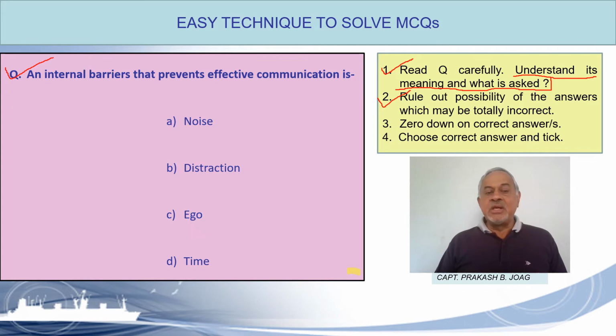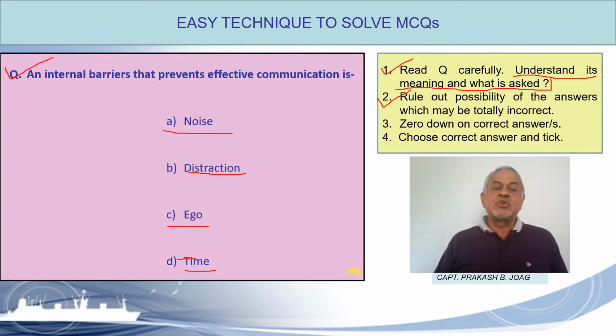Now we will have to see what 4 options are given here. So number 1 option given is noise. Second option given here is distraction. Third option given here is ego. And fourth option given is time. Okay. So let us see one by one. Is noise an internal barrier?